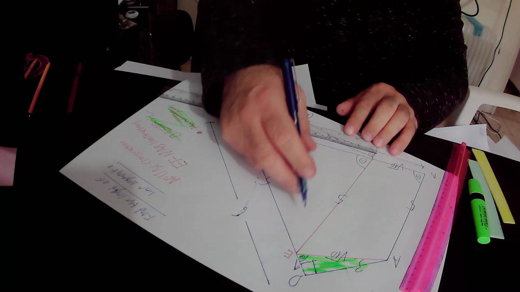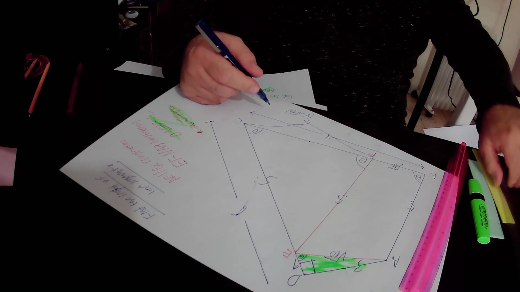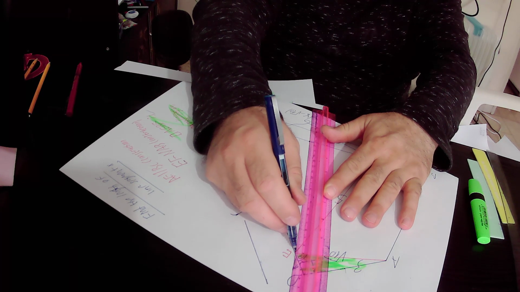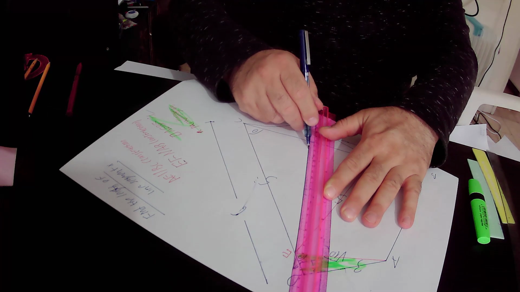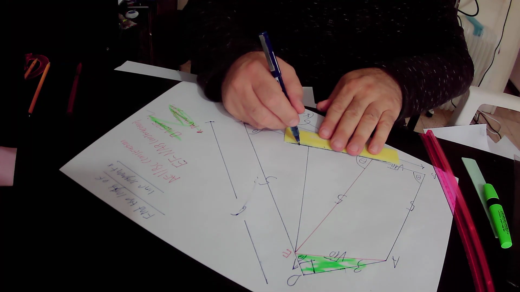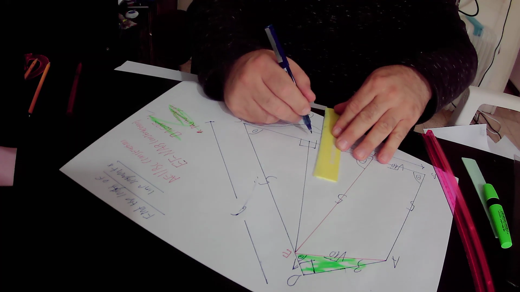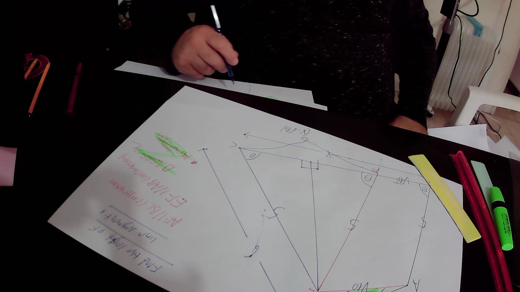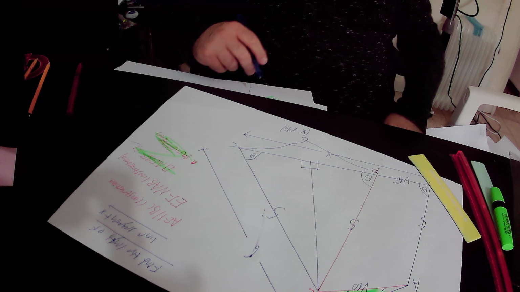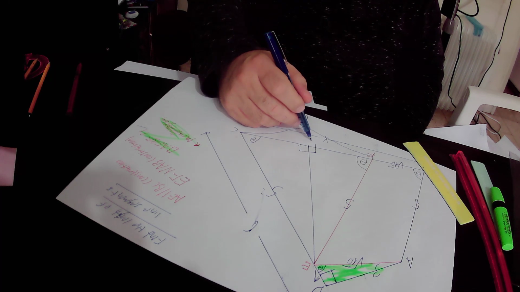So from point E we draw a perpendicular on FC. This angle equals 90 degrees, and this angle will also equal 90 degrees according to our construction. We define the touching point of the perpendicular from point E on FC as M.